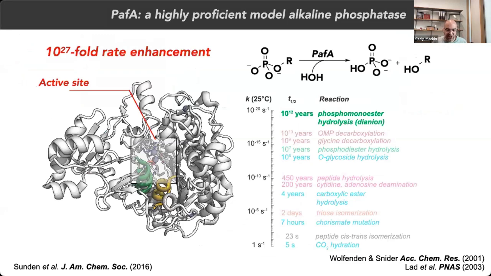And to demonstrate its utility, we first chose to apply it to PAF-A, which is a member of the alkaline phosphatase superfamily. So these enzymes hydrolyze phosphate monoester substrates, shown at the top right here, and they have the advantages of not being particularly interesting from a biological level, but they're actually some of nature's most proficient catalysts. So PAF-A has a 10 to the 27-fold rate enhancement.